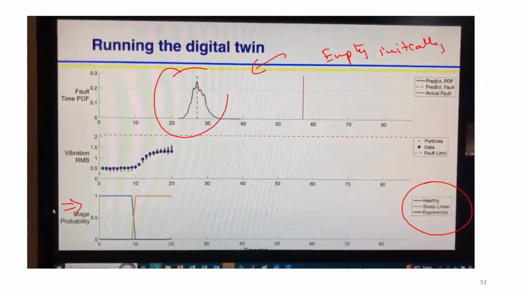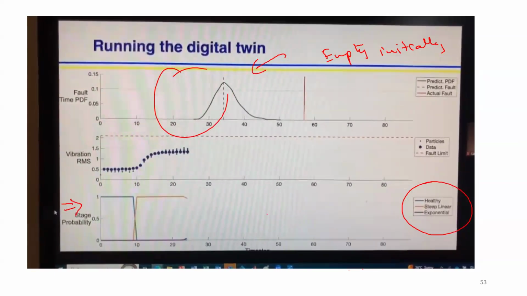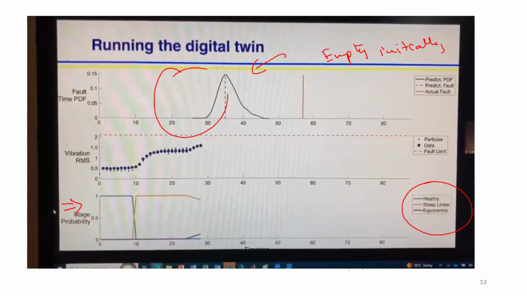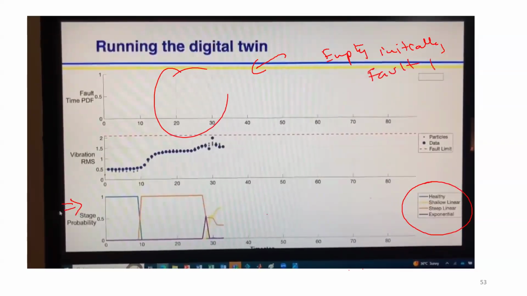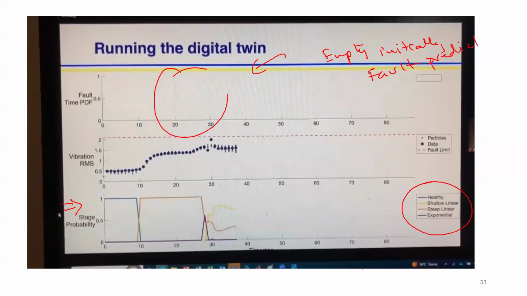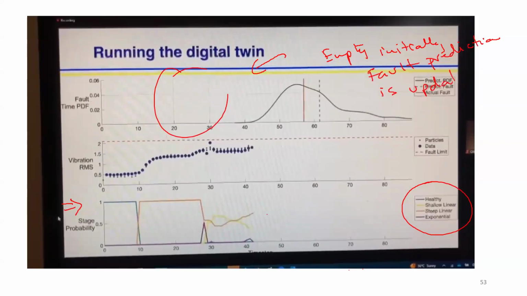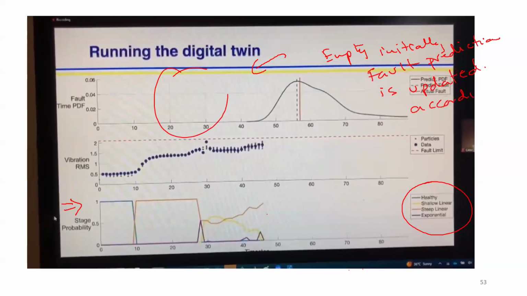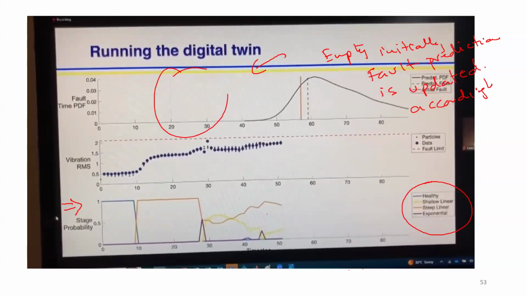The vibration data is collected over time, and the model will begin to transition through the degradation stages, and the fault prediction is updated accordingly as per the data. So this is the core advantage.